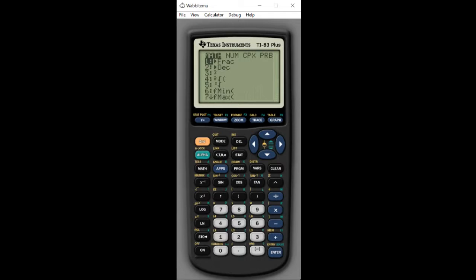Since I want to get to the PRB, there's 2 ways I can do it. I can hit this one 3 times, or if I was right here and I want to get to the PRB, I can hit this one once. So look, there it is, right?